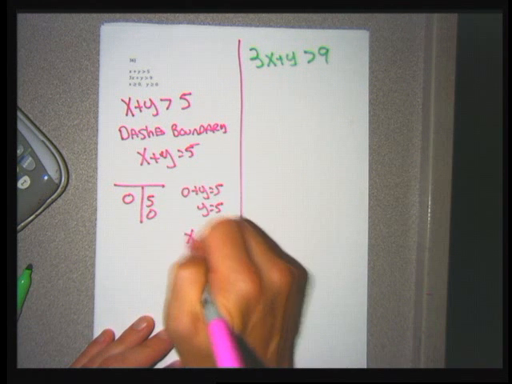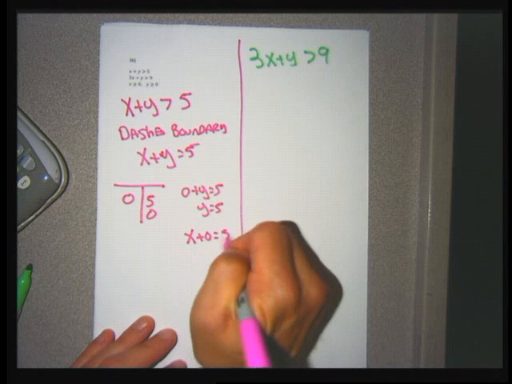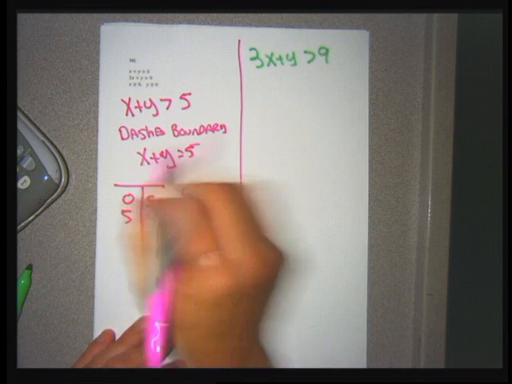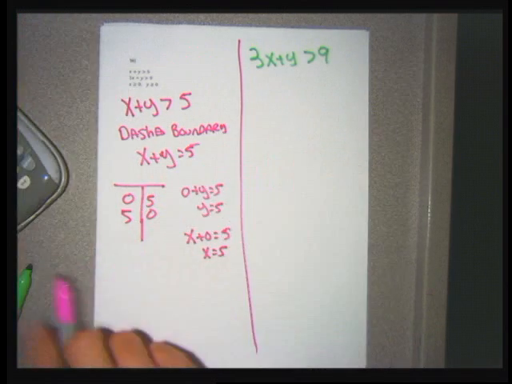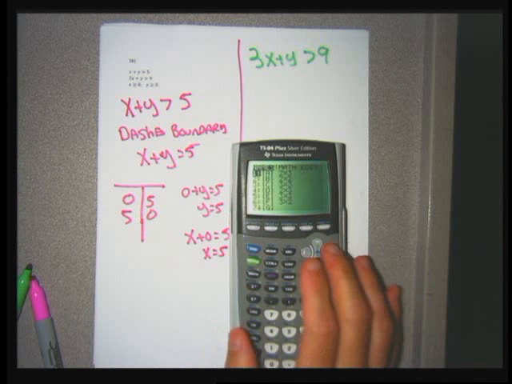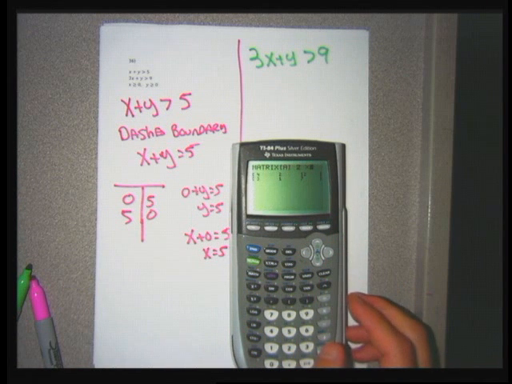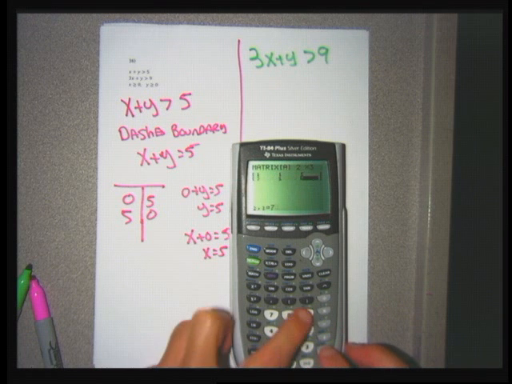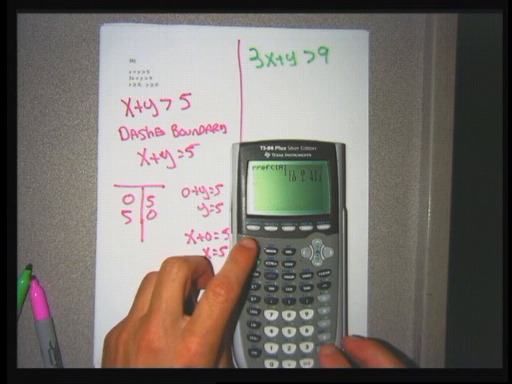And then I do x plus 0 equals 5, which gives me x equals 5. And I'm going to do the RREF with those two on top of each other to get my third point. So second matrix, edit, 2 by 3, 1, 1, 5, 3, 1, 9, second quit.